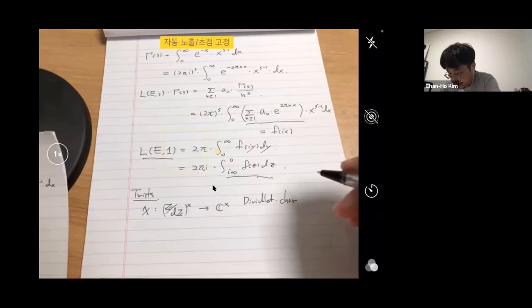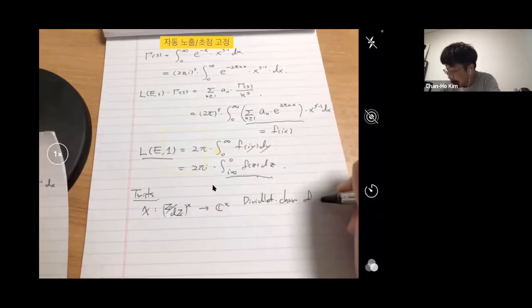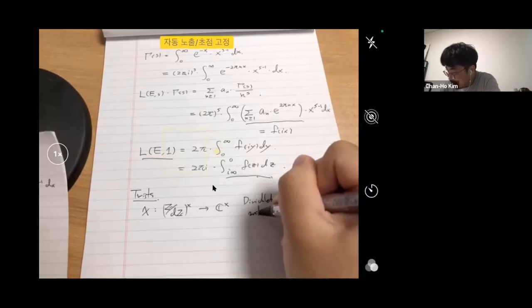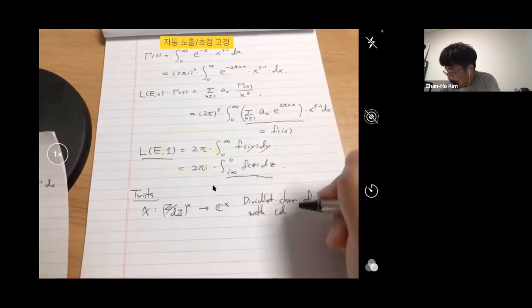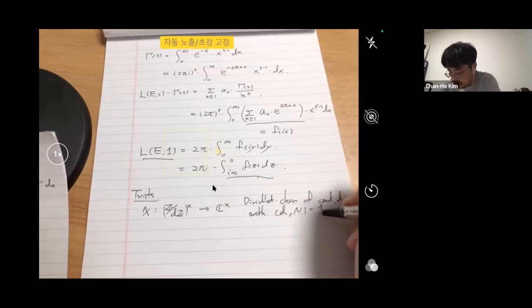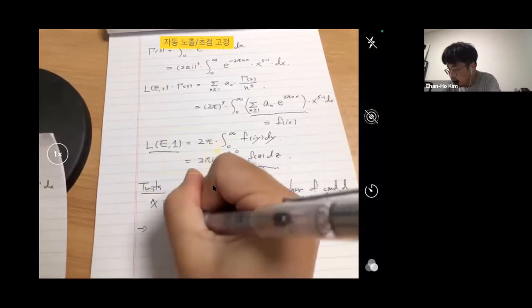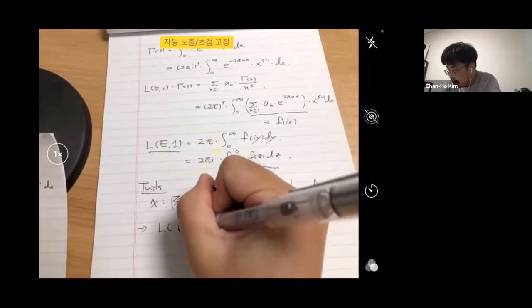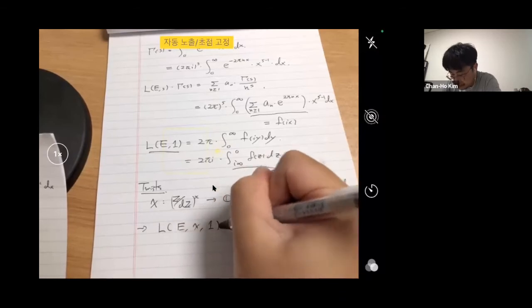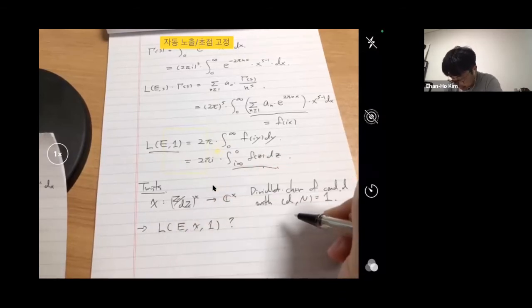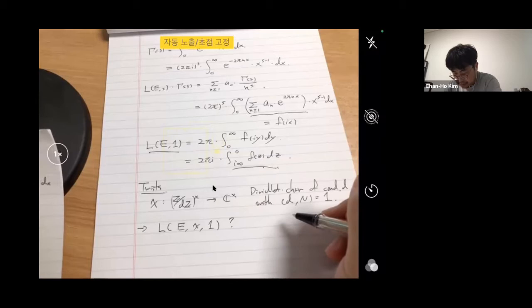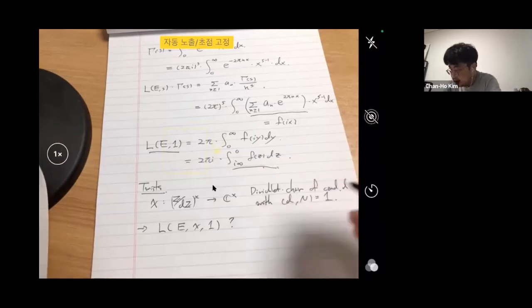Okay. Dirichlet character of conductor D, with D coprime to the conductor of the elliptic curve. Then how can we express L(E, chi, 1)? And then I need to introduce some Gauss sums.